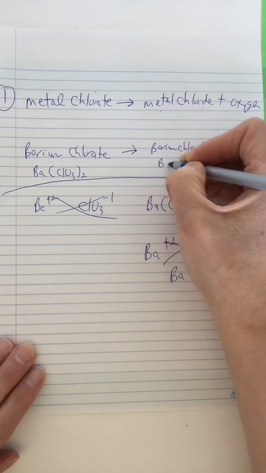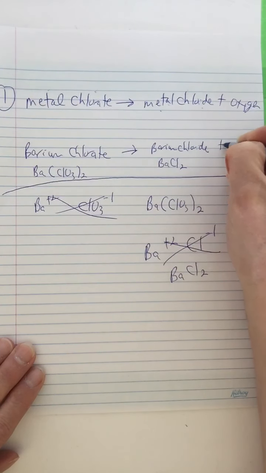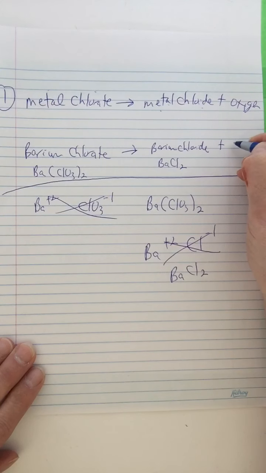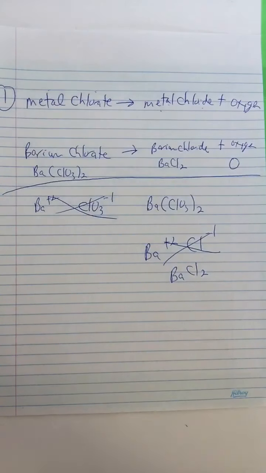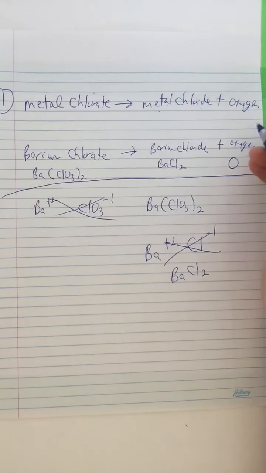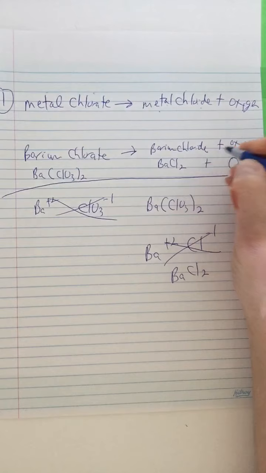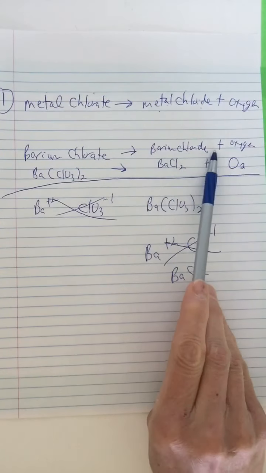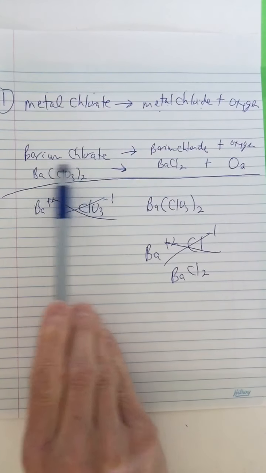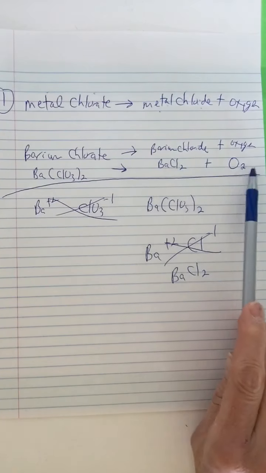And in this case, it's BaCl2 plus oxygen. Well, oxygen is O. But remember, something special about oxygen is it's one of our super 7 that are diatomic elements, and they're never alone. That's special. Oxygen right there. So we got to put a 2 on it. So this is barium chlorate yields barium chloride plus oxygen. Here's what barium chlorate looks like. This is barium chloride plus oxygen.